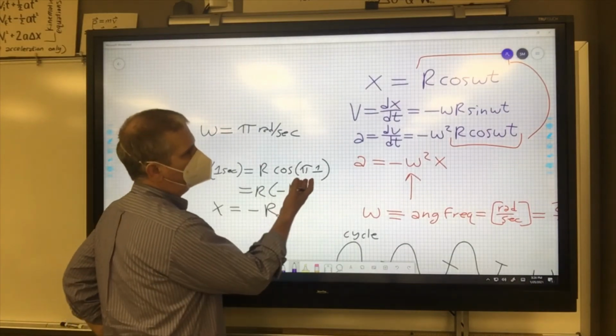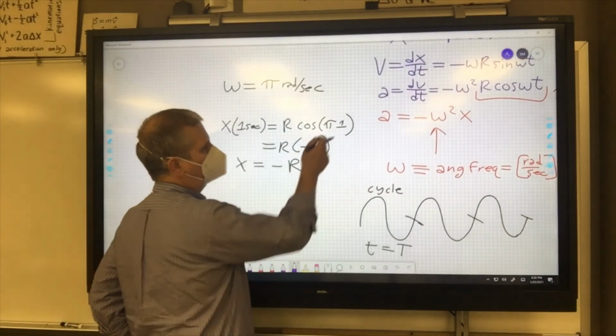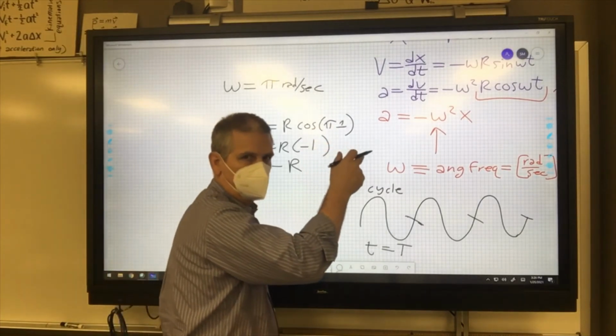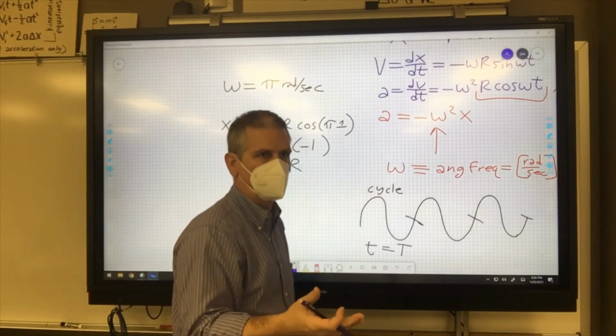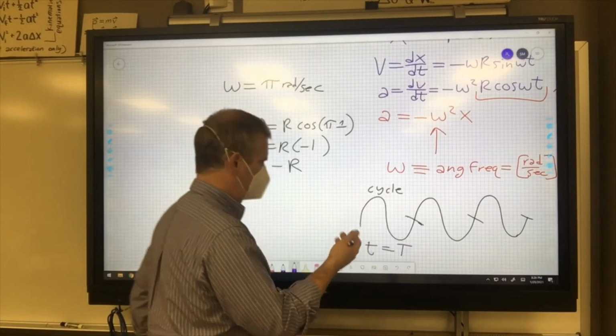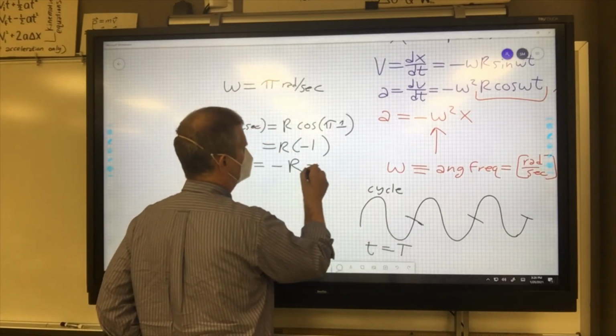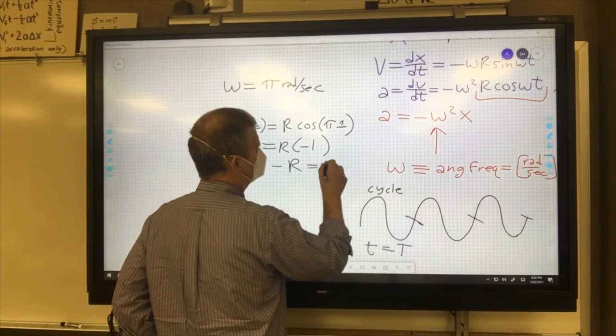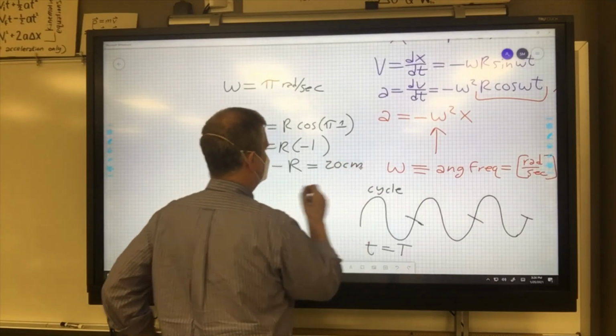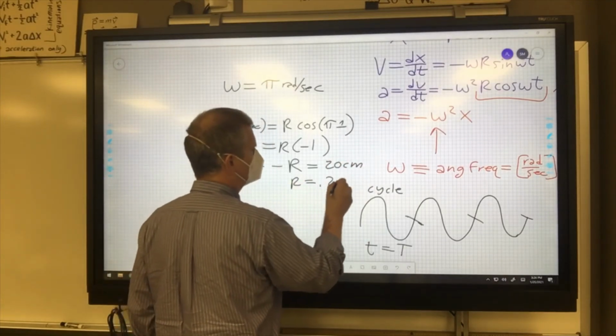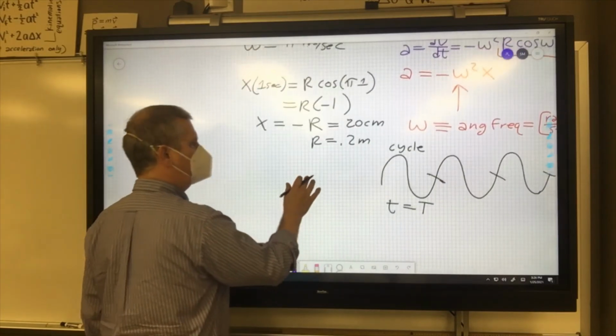And given that information, we know how far it's going, we know how fast it's moving in circles per second, and we know its radius. Let's give the radius a value. Let's say 20 centimeters, so r equals 0.2 meters. Well, let's find our velocity.